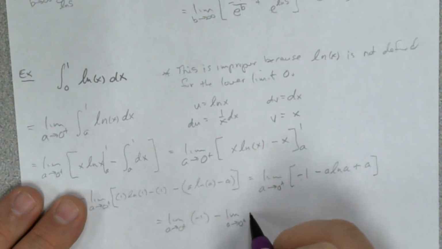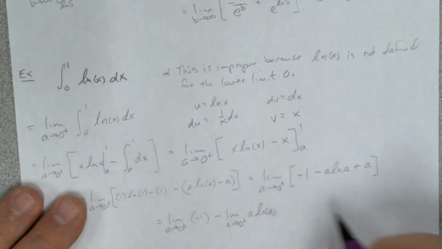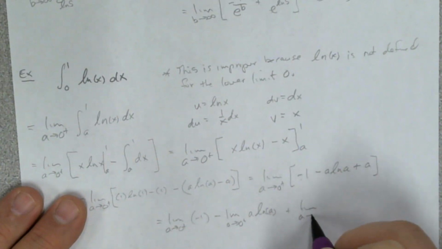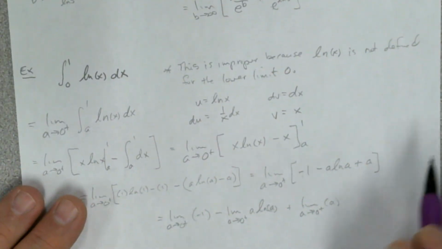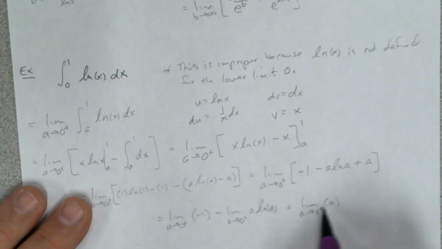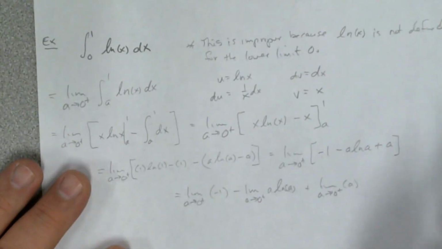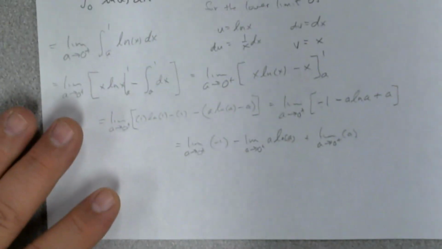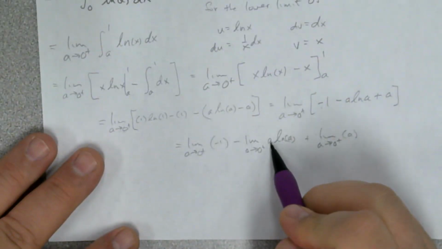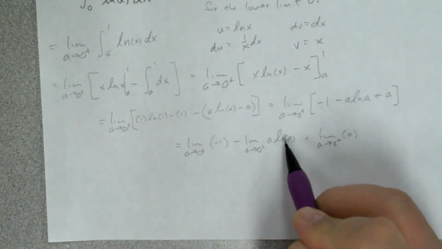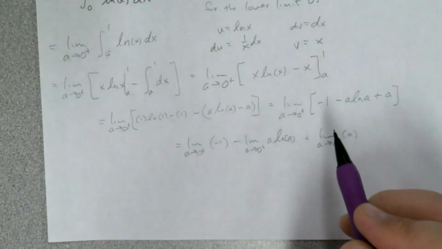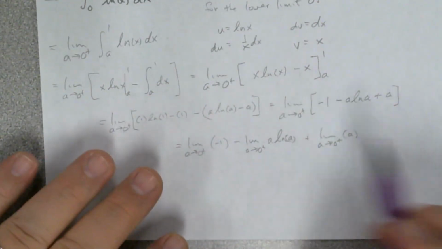This will be the limit of a natural log of a, and then plus the limit as a goes to 0 plus of a. Okay, so these are pretty straightforward. This one is a little bit tricky because this is an indeterminate form. If I put in 0, I'm going to get 0 times negative infinity, and that's not going to work for us.